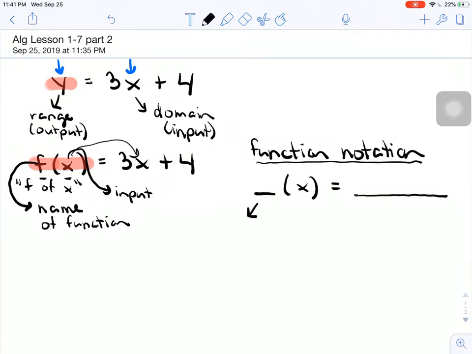This is where we would have the function name. This is where we have our input. And then the other side, the expression over here, tells us how to get the output. So it's telling us what to do with the input to get the output. So in the example we were just looking at, it would be telling us to take the input, multiply it by 3, and add 4, and that gives you your output.